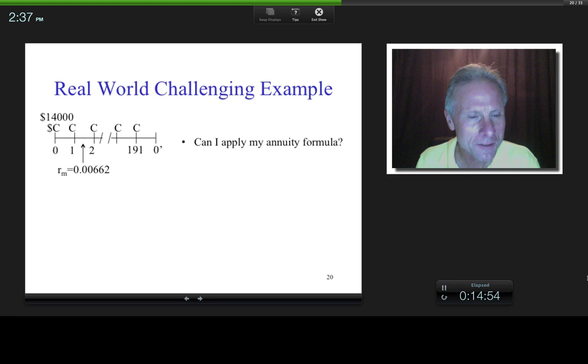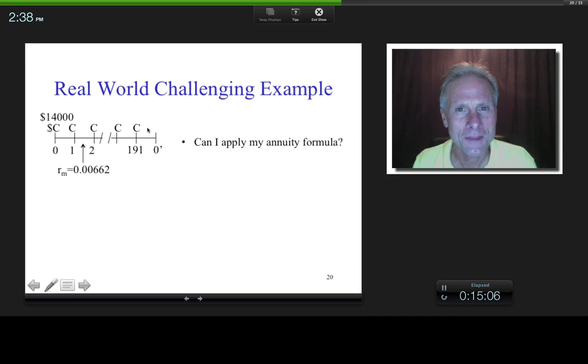So now going back to the problem, here are all my savings, right? These are monthly periods, so I'm working with the correct effective monthly rate. So all of the C's, is that an annuity? It is, right? So can I apply my annuity formula? Sure.